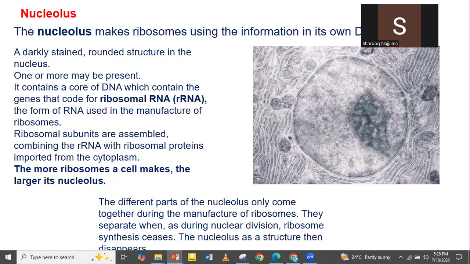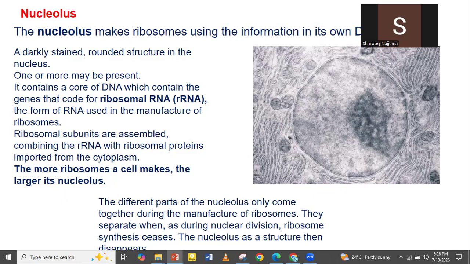Ribosomal RNA makes up part of the ribosomes. So when the nucleolus is making ribosomes, it combines ribosomal RNA and certain proteins to form a ribosome. So if a cell needs more ribosomes, that means that the nucleolus in the nucleus will be bigger in size so that it can make as many ribosomes as possible.